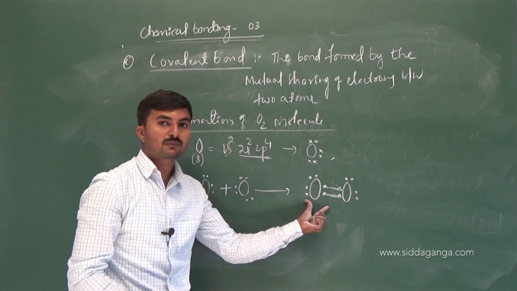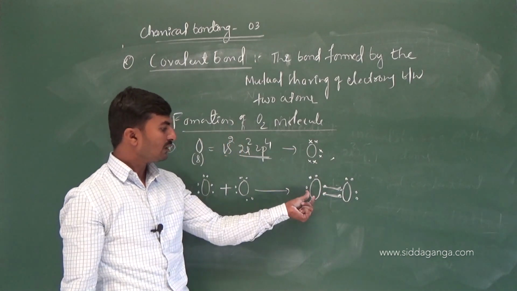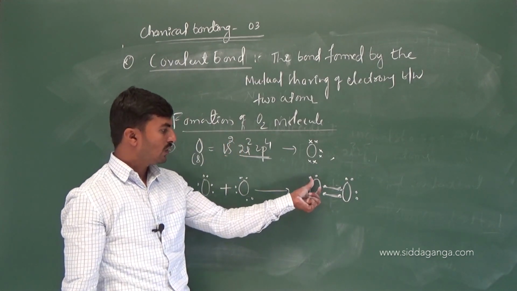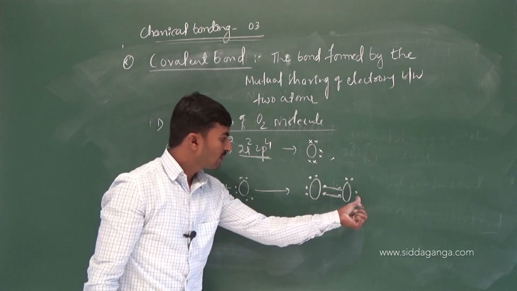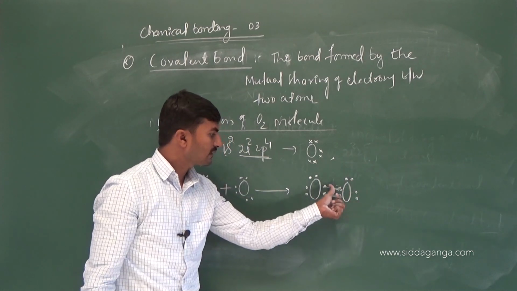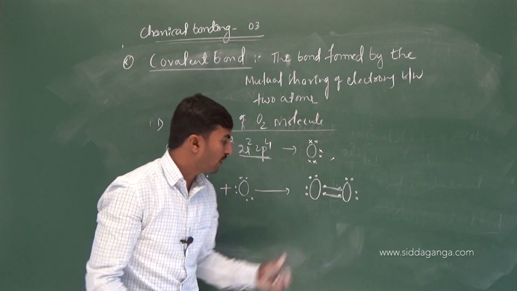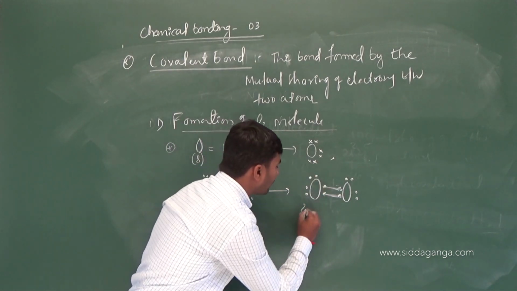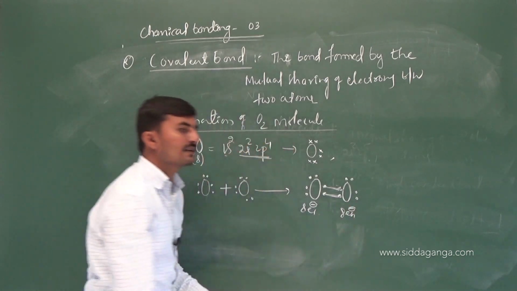Now count the number of electrons: 2, 4, 6, 8. Next, 2, 4, 6 and 8. This is an example of a double covalent bond, where each oxygen atom possesses 8 electrons.